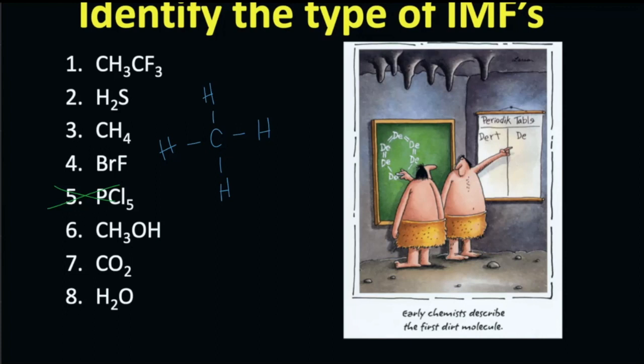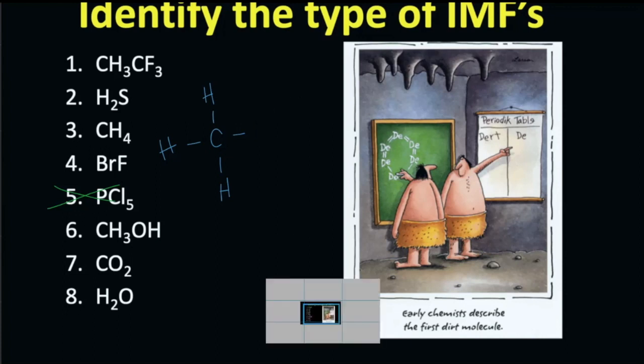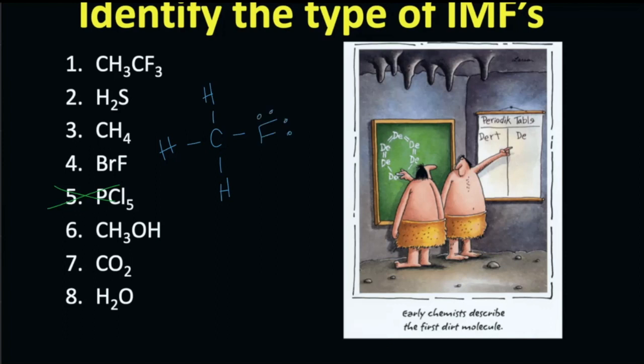If I replace this hydrogen with a fluorine, that's polar. Why? Because it's positive and negative, like north and south poles, which are opposite. See all that negativity surrounding it? So look at NH3.